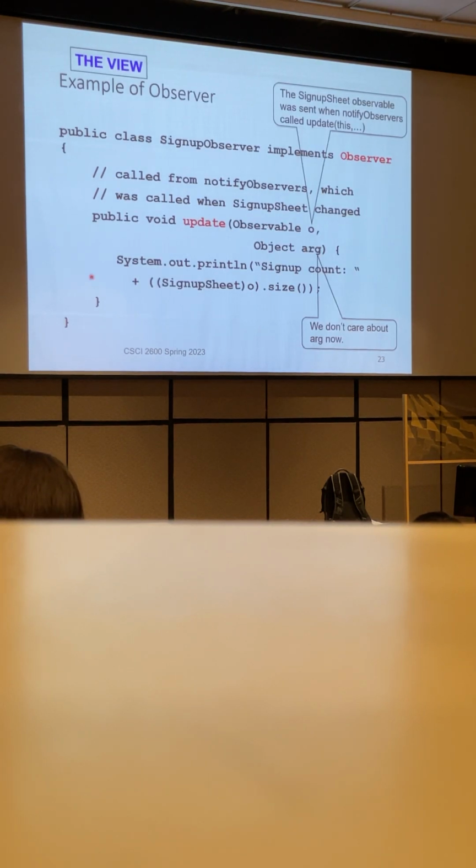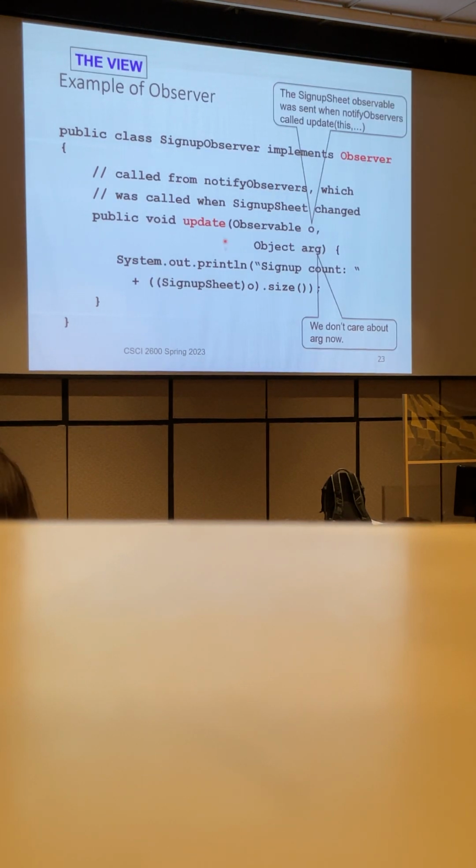This is on the controller side, and the update is happening between the model and the view. But when update happens, there is a println that says sign-up count. So every time we add a student, we are supposed to see the new count, and it's not happening here.